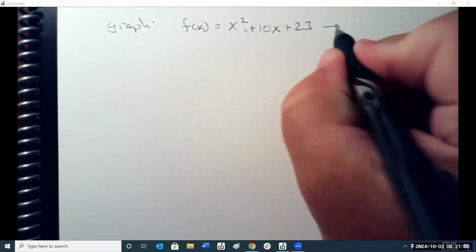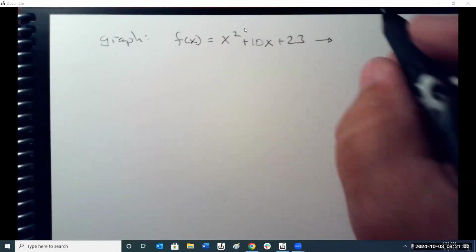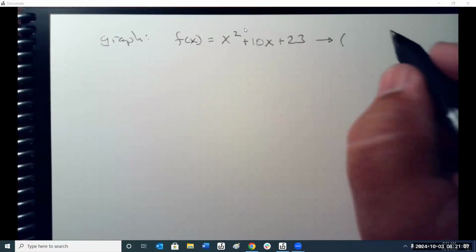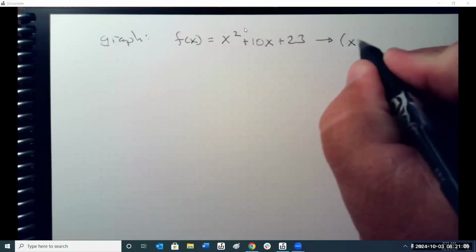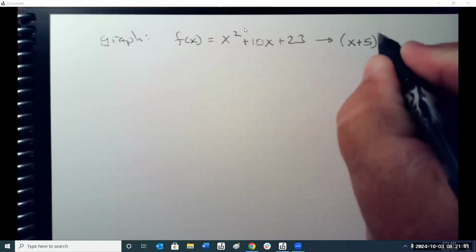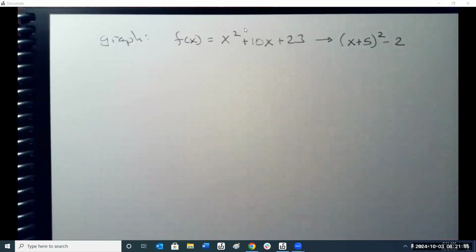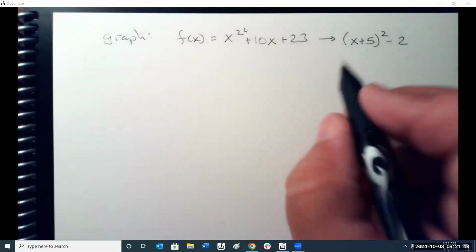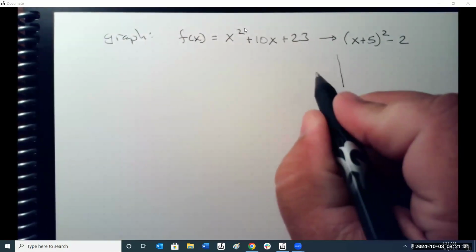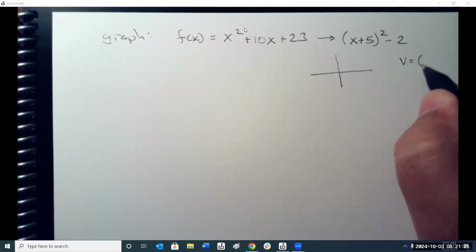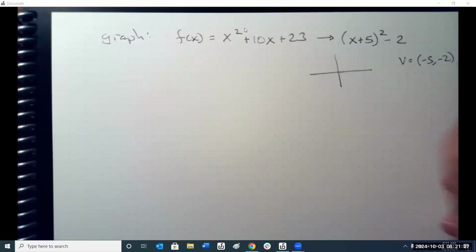We changed it to x plus 5 squared minus 2. So knowing this, the vertex was at negative 5, negative 2.